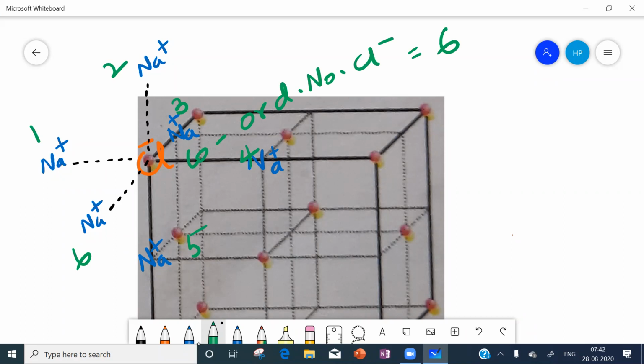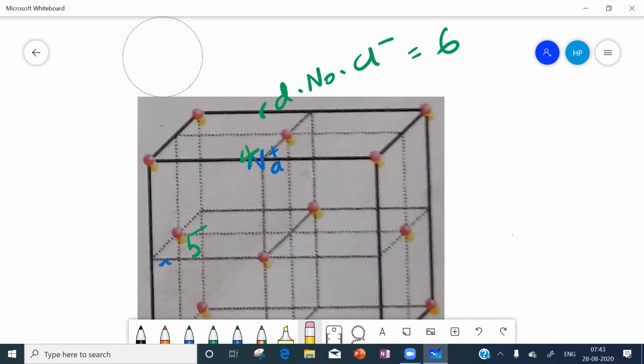So whether Cl- is at the corner or face center, its coordination number is 6. For Na+, the coordination number is also 6. So the coordination number of Na+ as well as Cl- is 6. NaCl makes FCC, and in that the coordination number is 6.